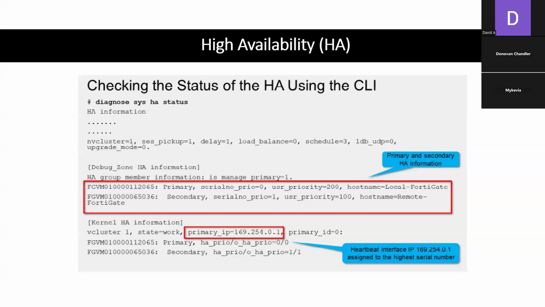That'll be the first one, the primary. If we scroll down to kernel HA information, again, more stuff that we're not going to see in the GUI, we actually have the IP address of the HA interface, 169.254.0.1. Remember, the primary will always get that .1.